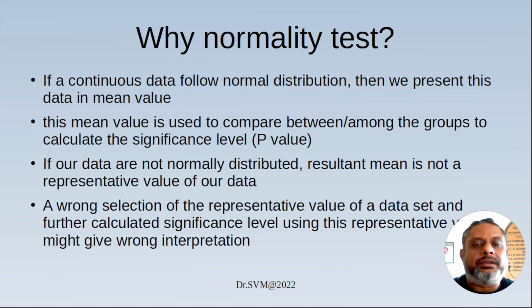If continuous data follow a normal distribution, then we present them with a mean value, and this mean value is used to compare between or among the groups to calculate the significance level or the p-value.